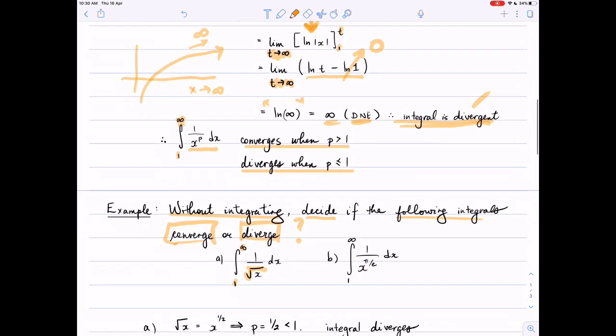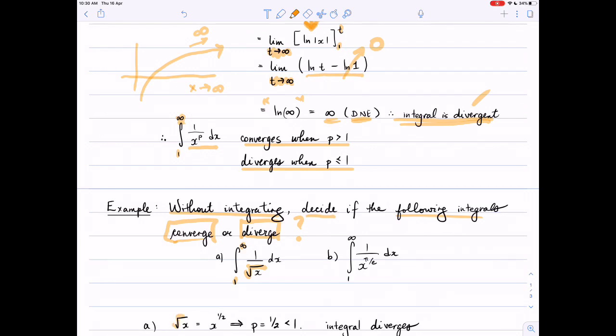The square root of x is x to the 1/2, which means our power p is 1/2. That is less than 1. So without integrating, I know immediately that that integral is going to diverge.